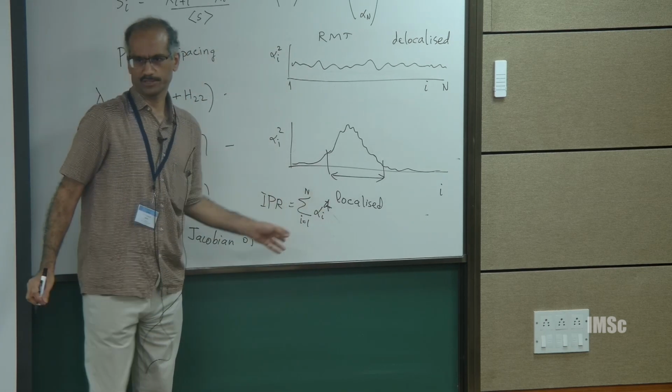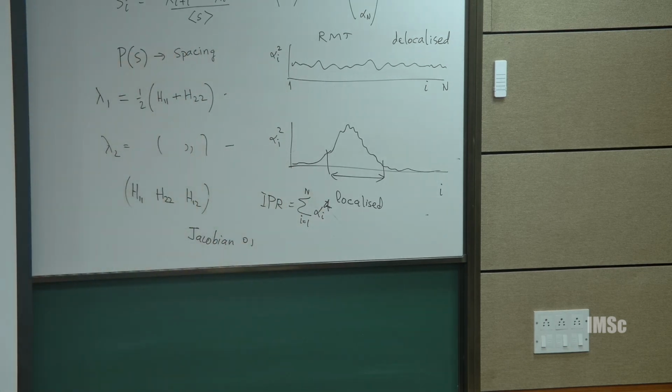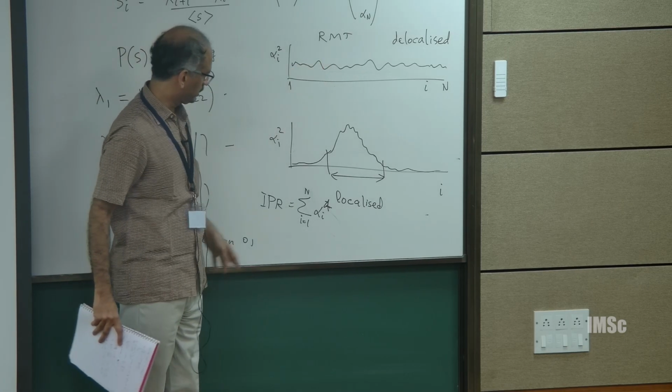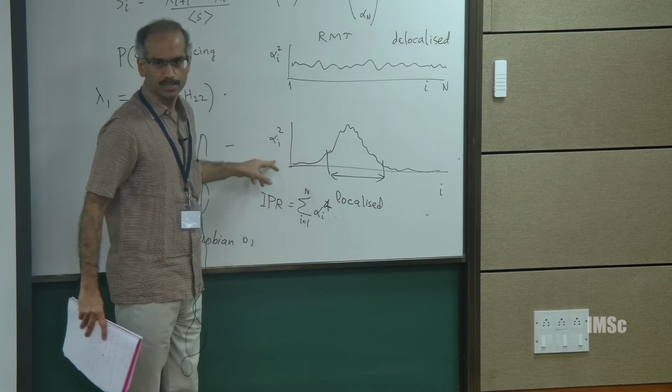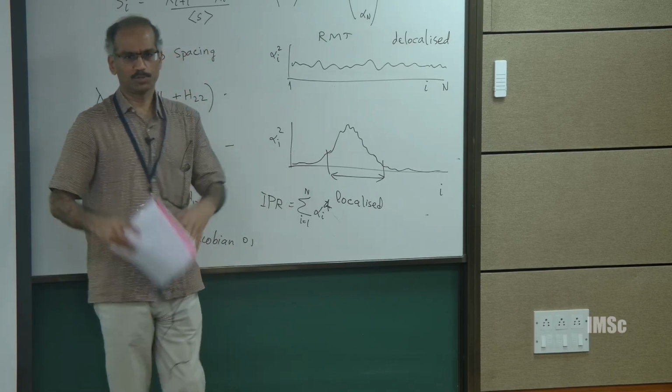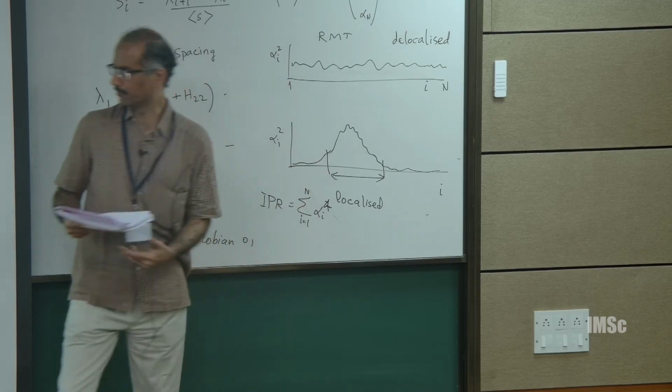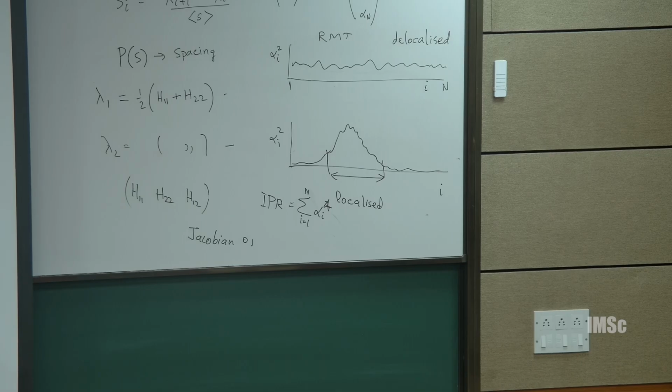This is called the inverse participation ratio, and if it is sufficiently small, meaning that it goes to 0, then it's a delocalized one, and if it is a large number, it is a localized vector. So this is how people probe. They don't actually look at it like this. So you have a one number probe of these eigenvectors.